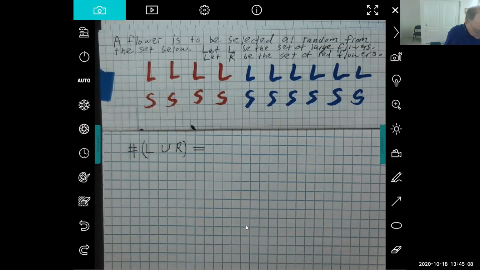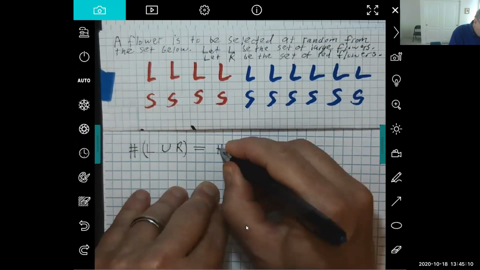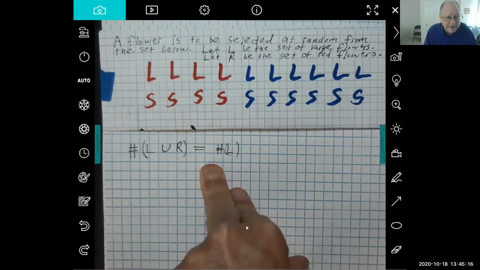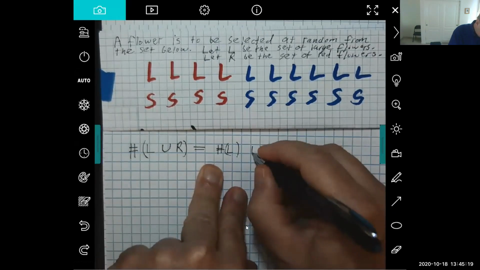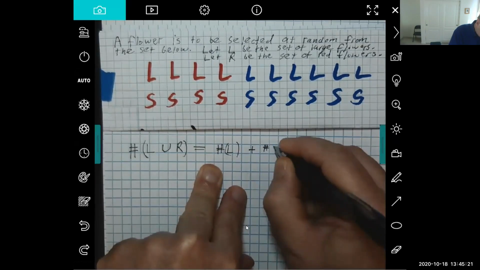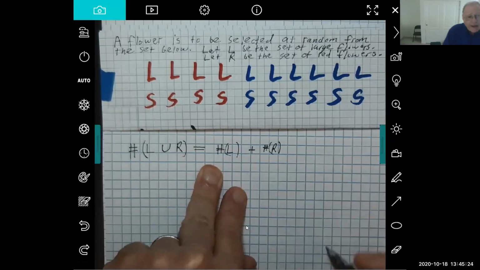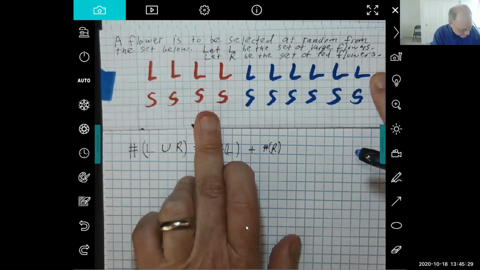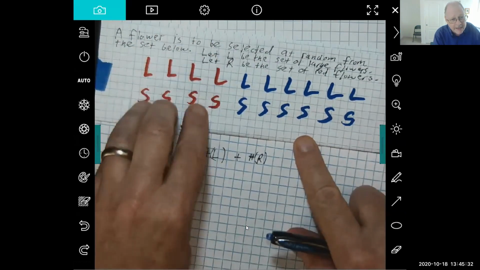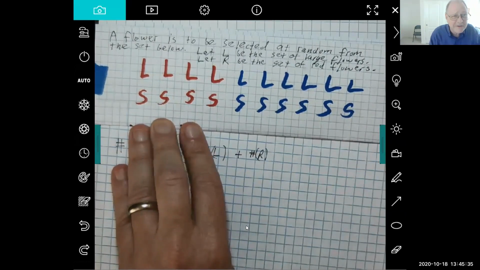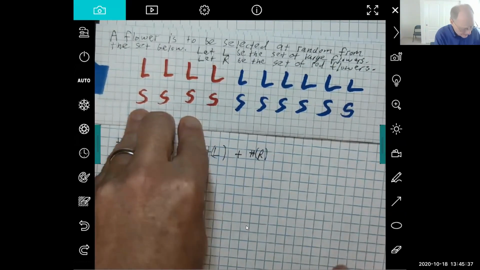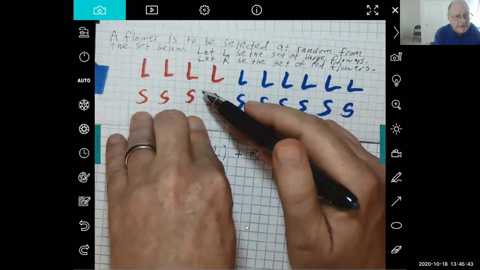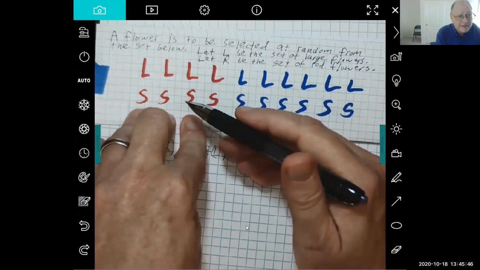So, you notice, to count them, I could just count the large flowers, and count the red flowers. So I've taken these 10 plus these 10, and I've got 20 so far. And that's too many because these guys right here, the large red flowers, they got counted twice.